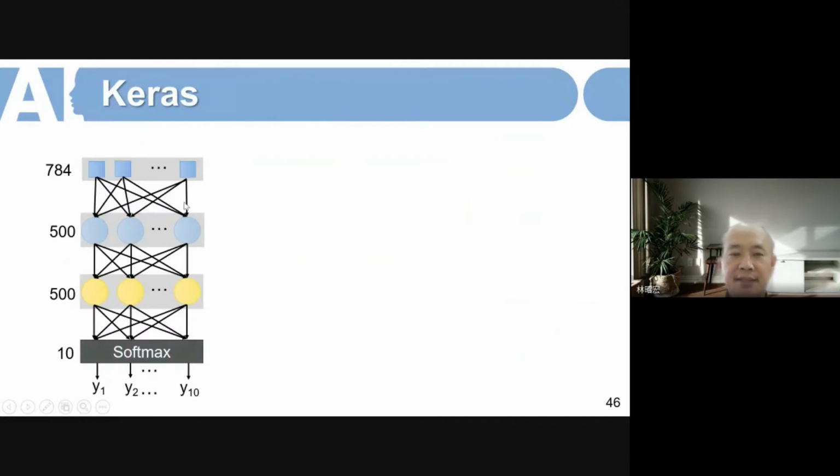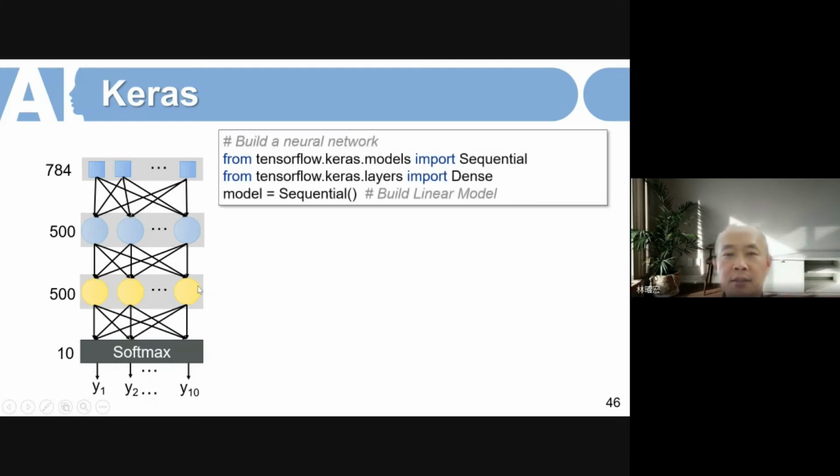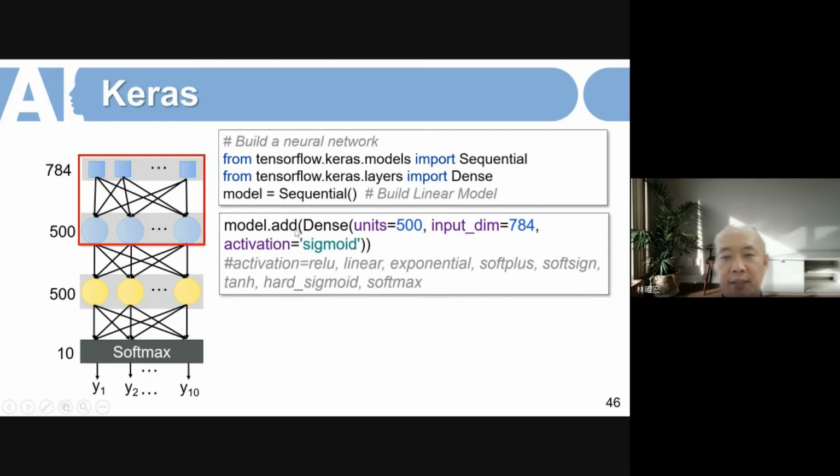In this case, the neural network has one input layer, one output layer, and two hidden layers. Now we would like to build this block. We declare a sequential object called model, and use this model to add one layer called a dense layer.